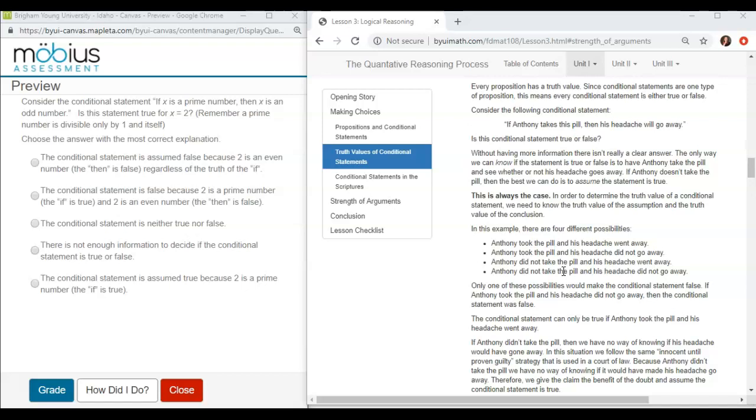However, if that person is not elected to office and taxes don't go down, we can't say anything about that person's claim as being false because they weren't elected to office. So we have to assume that they were telling the truth, and therefore the entire conditional statement is true.